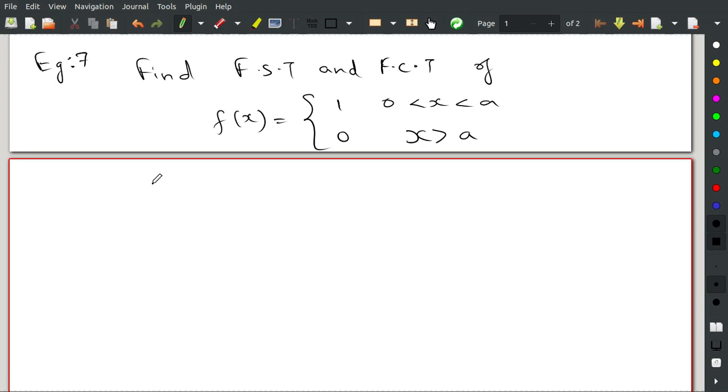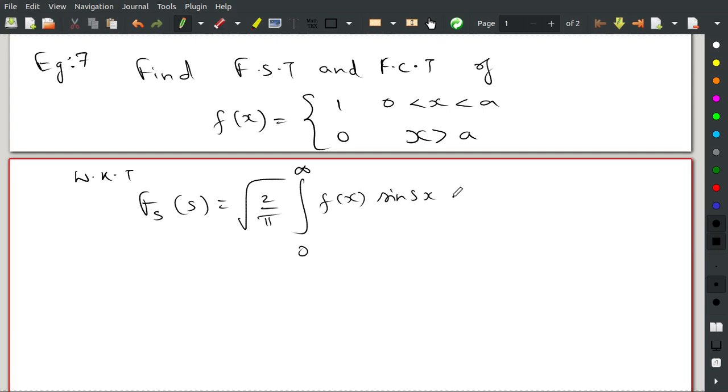Let me first find the Fourier sine transform. We know that the Fourier sine transform is root of 2 by pi integral 0 to infinity f of x sine sx dx. Our f of x is 1 and the limit is from 0 to a. Therefore we have root 2 by pi integral 0 to a, since x is valid only up to a; above a it is 0.